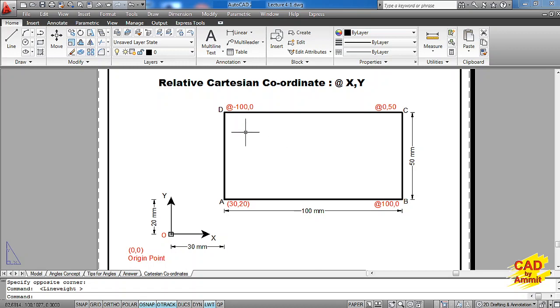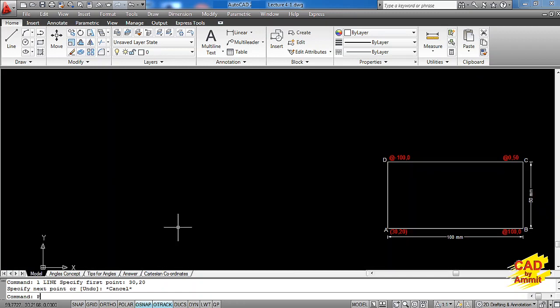And for point D, the relative Cartesian coordinate is @-100, 0 because horizontal displacement is towards the left-hand side from point C. So the value is to be taken with a minus sign and the vertical displacement is 0. So once we calculate the relative Cartesian coordinates for these vertex points, we can make this geometry quickly. So let's go to the model space.